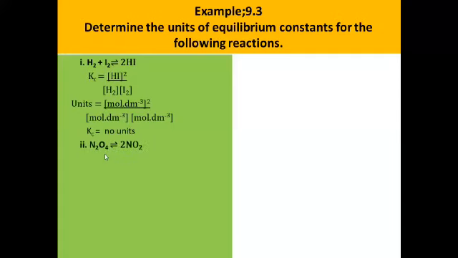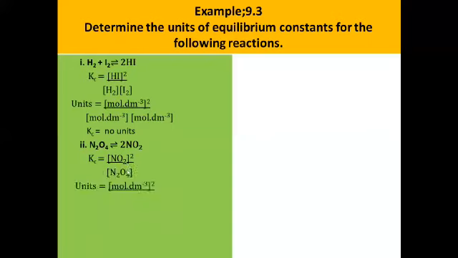The second example is for nitrogen tetraoxide. Nitrogen tetraoxide, when decomposed, will give 2 moles of nitrogen dioxide. This is again another reversible reaction. The first step, I told you, is to write the Kc expression: the product in the numerator with the coefficient as a power, and the reactant in the denominator. Now we will put their units.